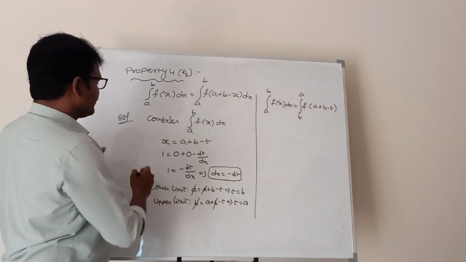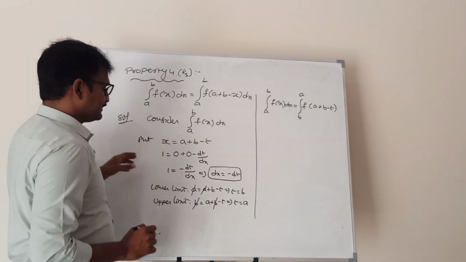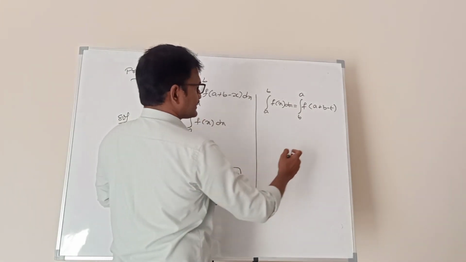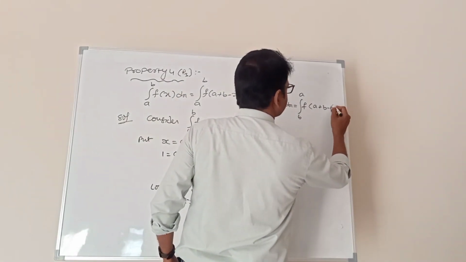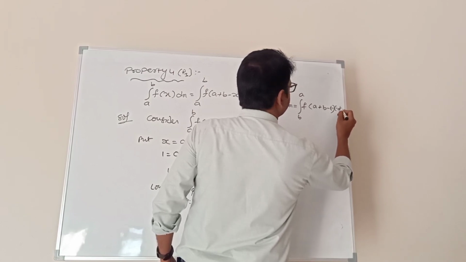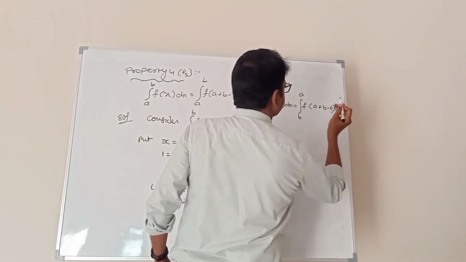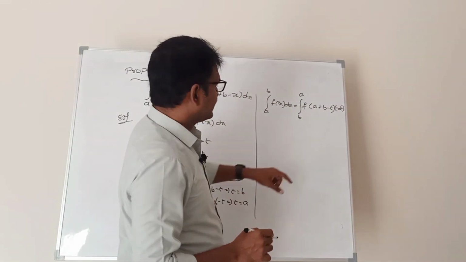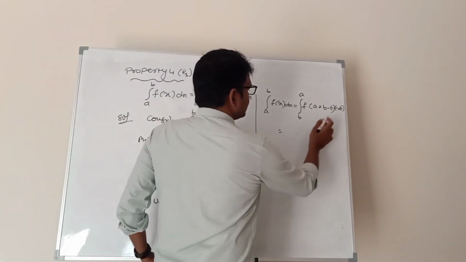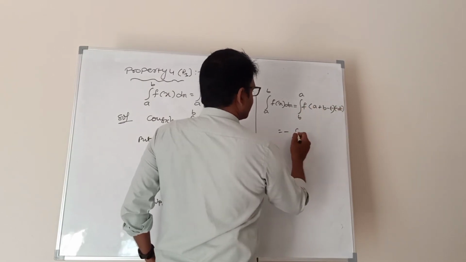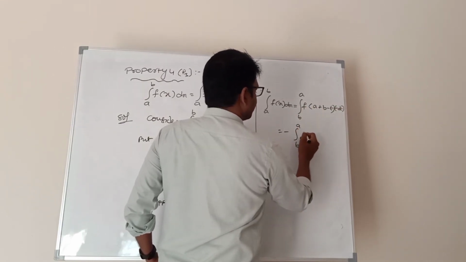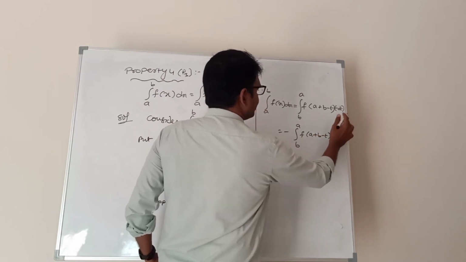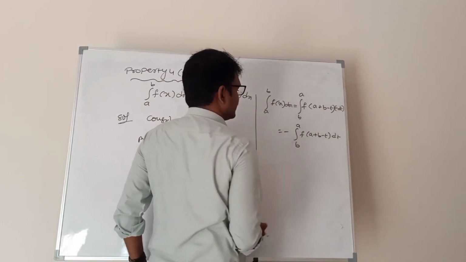In the place of dx we got minus dt. So the minus will come up front: minus of b to a f of a plus b minus t into dt.